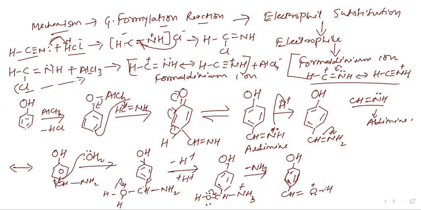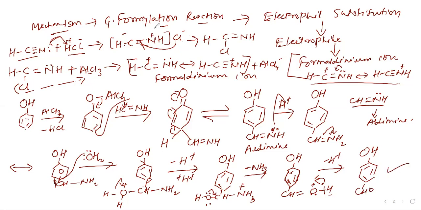You have one lone pair of electrons still here. Now it has to lose this hydrogen atom to form the CHO group. Finally, it will get hydrolyzed. Lose hydrogen to form OH, and your hydrogen H will get lost and you have CHO. So what you have here is CH, which is your phenolic aldehyde. This is what we were trying to prepare.